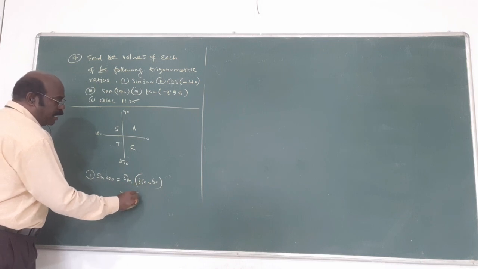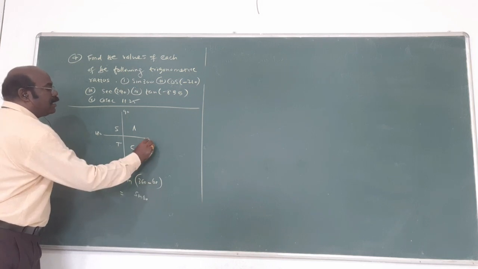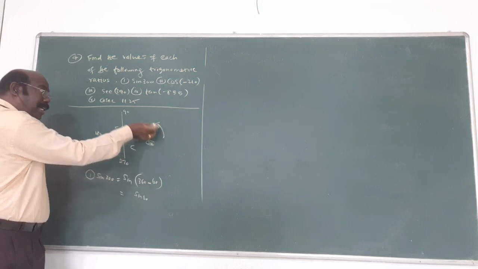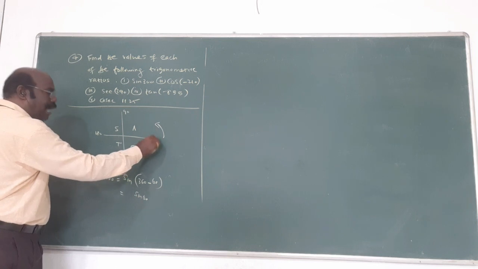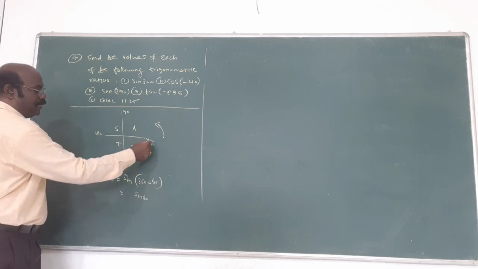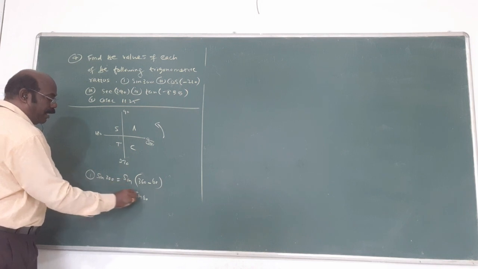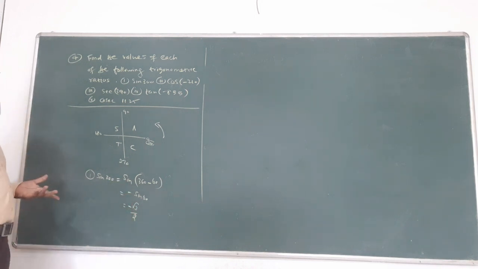Sine becomes sine 60. 0 and 360 will be equal. 360 plus something is in the anticlockwise direction. 360 minus means what? Clockwise direction. That means what? Fourth quadrant. 360 minus something, no? In this quadrant, only cos is positive. Sine is minus. This is the answer. In this way, you find.